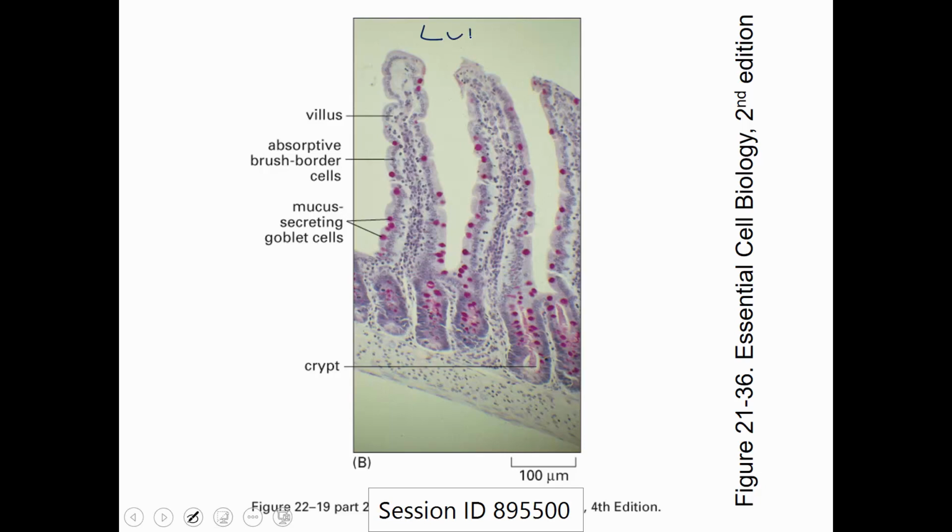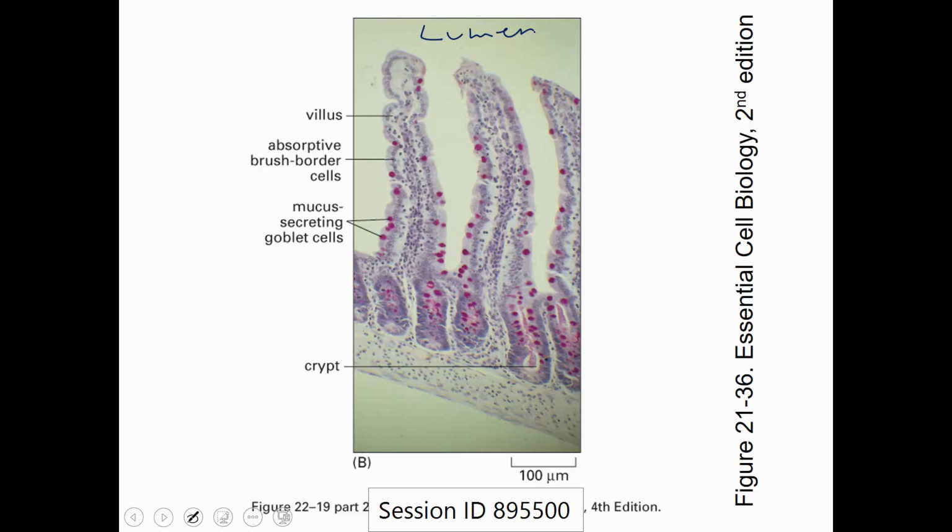So here's your lumen, and that lumen is a fairly harsh environment. What nature has done is protect those stem cells that are going to rejuvenate the epithelial lining when the cells out at the tips get damaged or sloughed off.